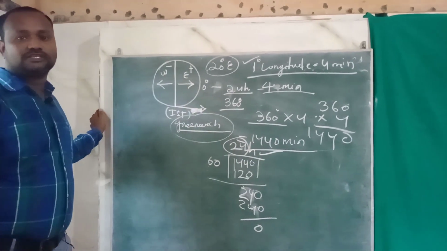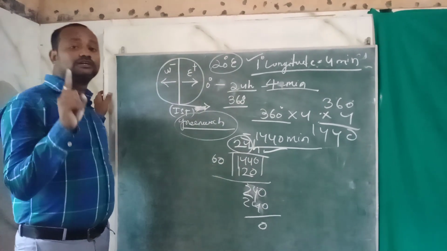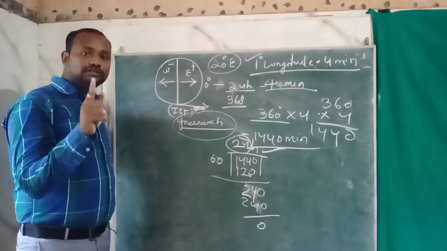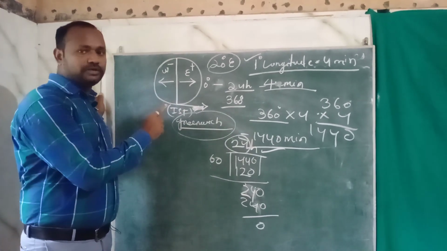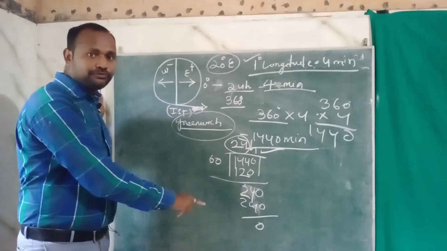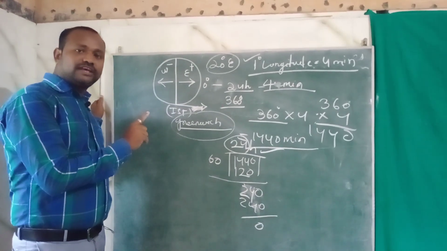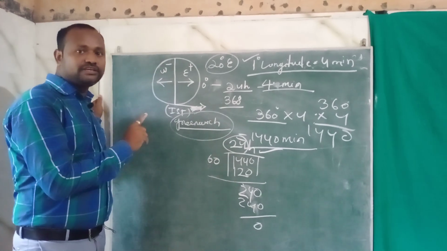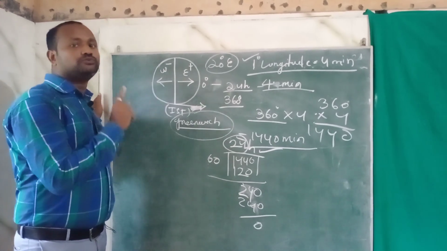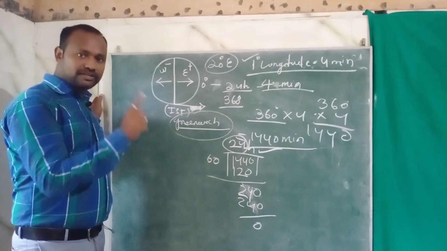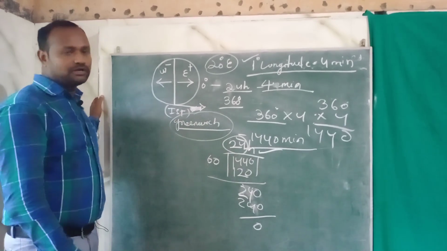Student, are you able to understand? So the earth, one longitude of the earth is taking 4 minutes. Here I have proved to you how it took 4 minutes, because 360 degrees are there. 360 into 4 is equal to 1440 minutes, which is equal to 24 hours.